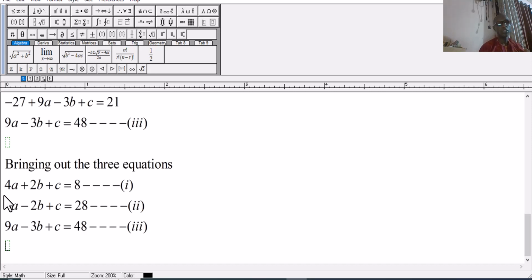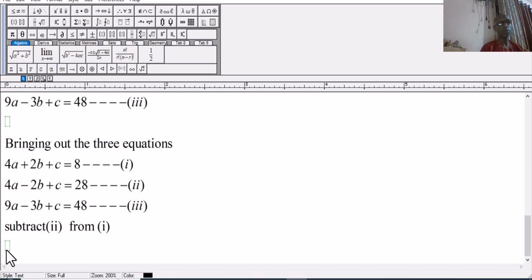So let's imagine we subtract equation 2 from equation 1.